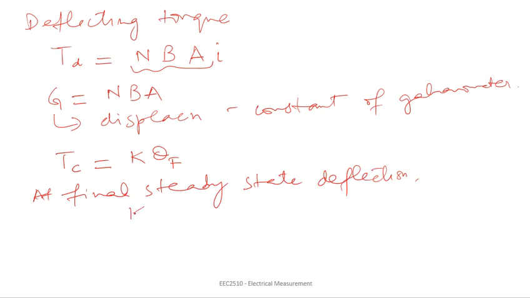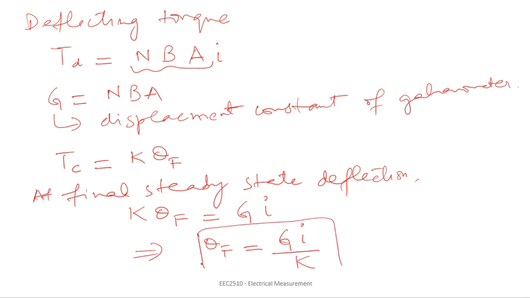So K times theta f should be equal to G into I, where G is the displacement constant and I is the current. From here, the final deflection theta f is equal to G I over K.